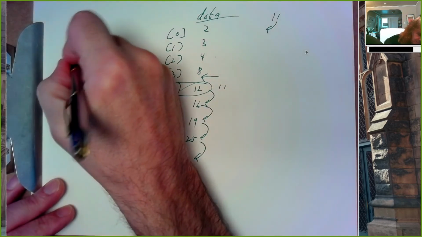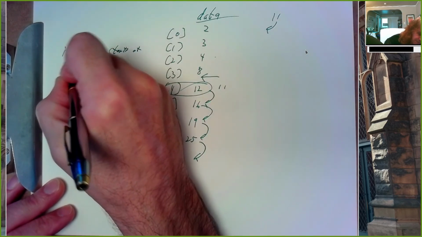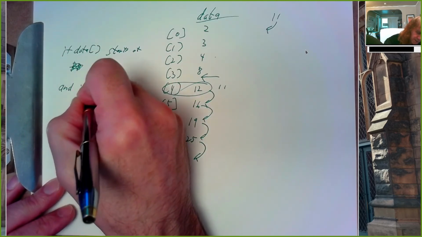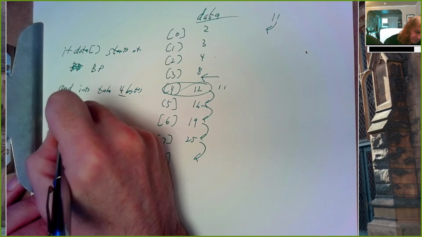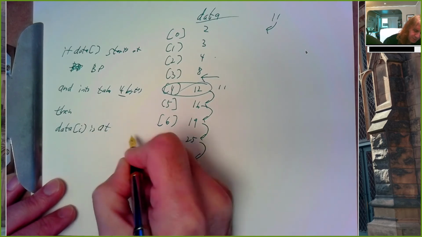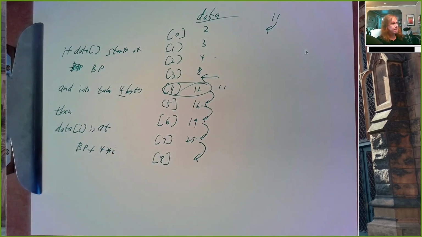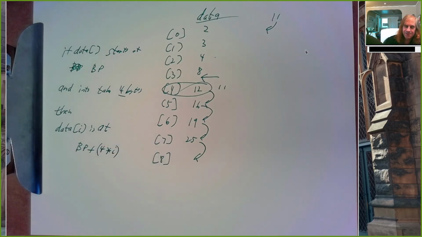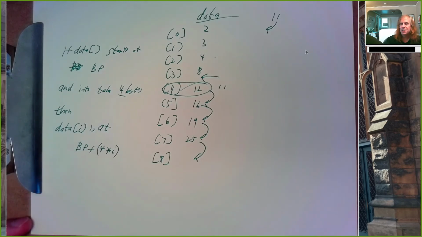So if our data array starts at some base point and ints take 4 bytes, then data bracket I is stored at memory location base point plus 4 times I. So if your integers take 4 bytes and your array starts at this address, the address of element I is that address plus 4 times I.